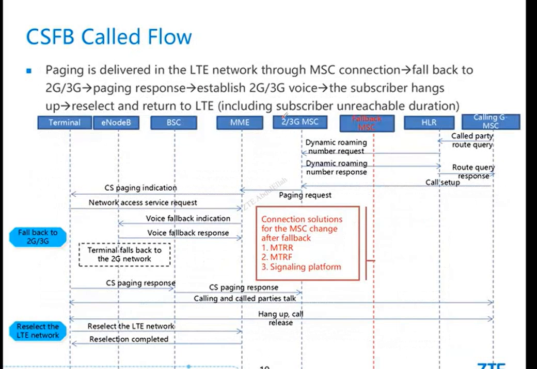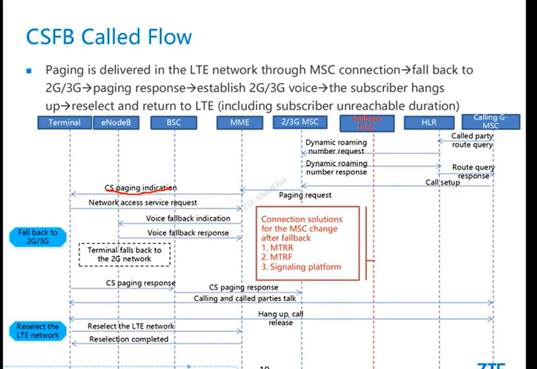The call flow is like this: the UE first needs to receive the paging message, right? After receiving the paging message, the UE will send the access request. Okay. After the access request, the next is the voice fallback indication and voice fallback response.